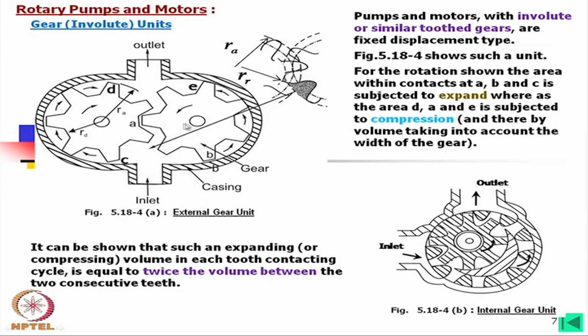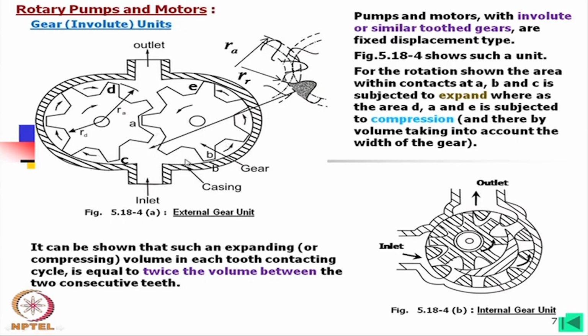What is meant here is that if I consider the expansion of this zone, the ACB area enclosed by these teeth and the casing, that area from minimum to maximum is equal to the total volume in two teeth spaces. This is one space between consecutive teeth, and this is another space.